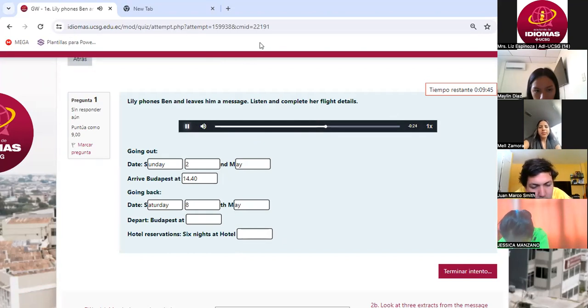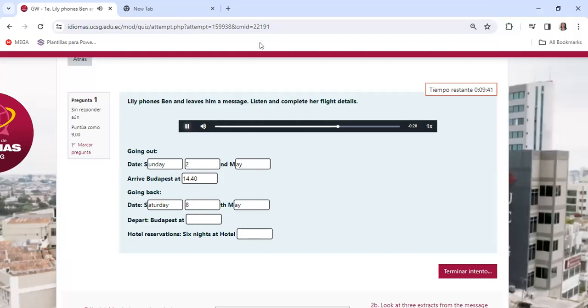I'm staying at a lovely old hotel. Quite a famous one, I think. It's called the Hotel Gellert or Gellert. I'm not sure how you pronounce it, but it's Gellert. I'm sure you know it. I'll call you 16:30, the 14:40. I'm going back on Saturday the 8th, leaving at 16:35.